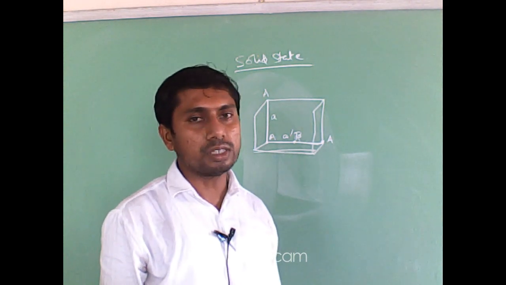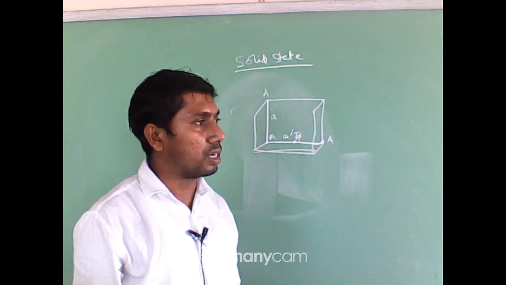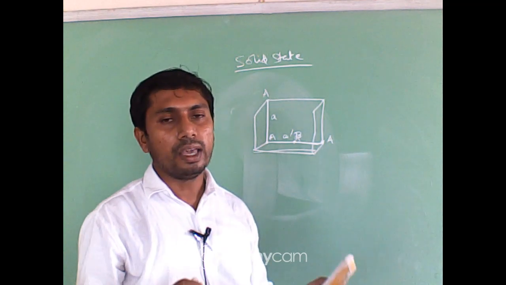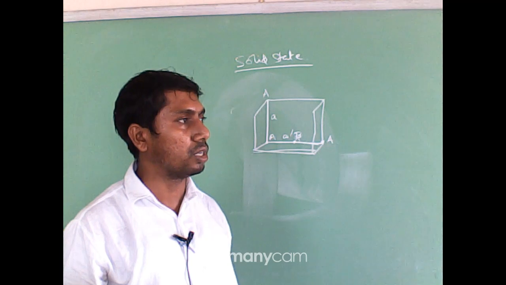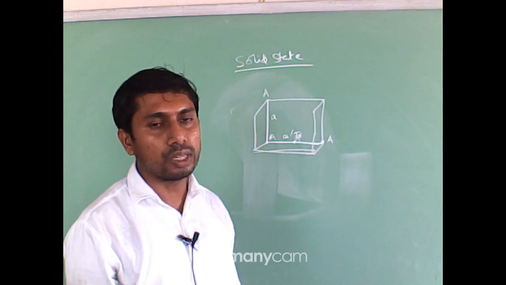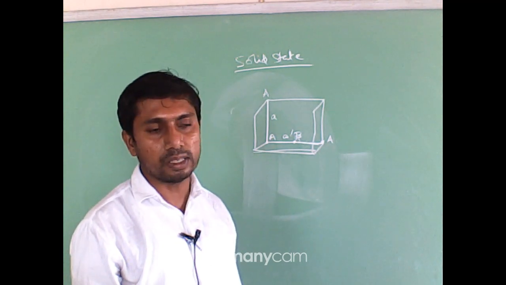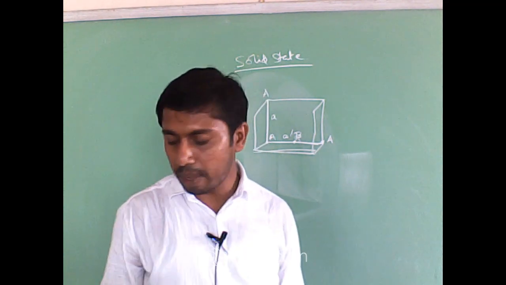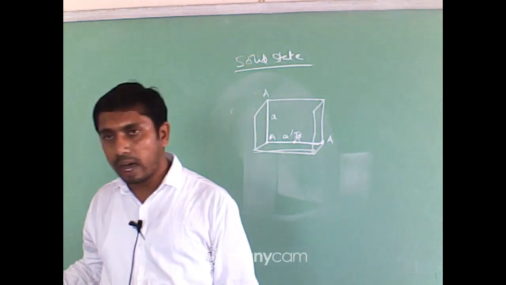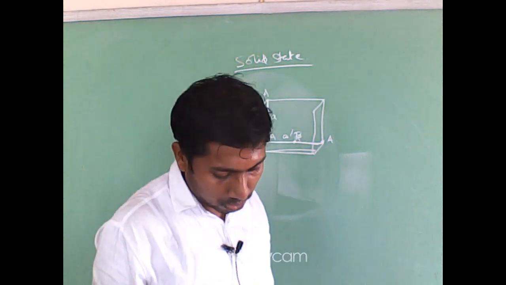Why? Because the crystal points follow a uniform distribution throughout the crystal, so that the bond length and the bond angle remain the same, not like the amorphous solid. For this reason the amorphous solid is called isotropic in nature. Very important.